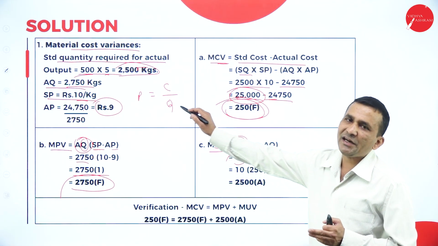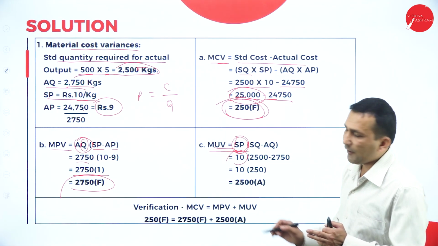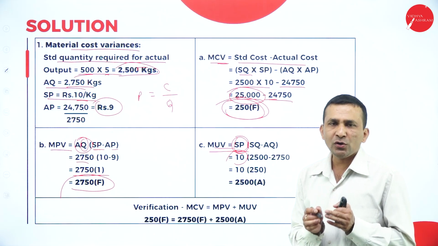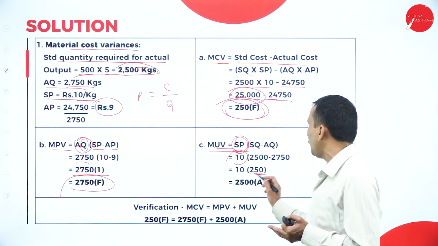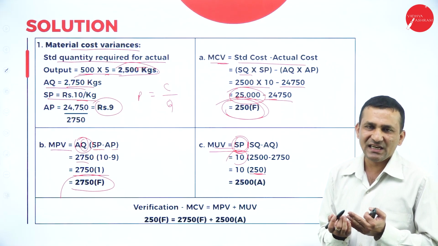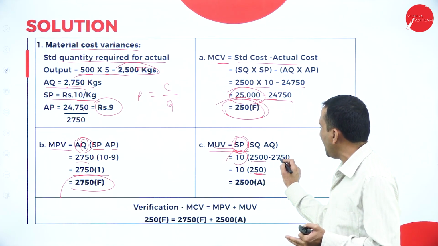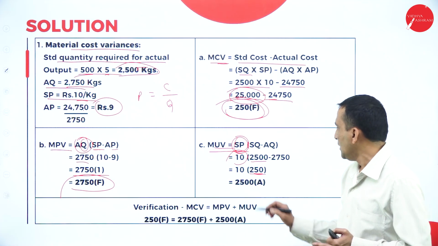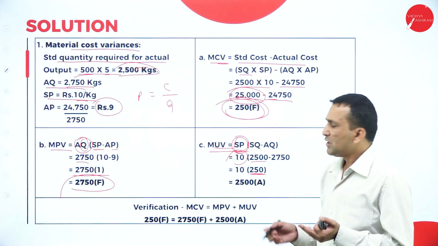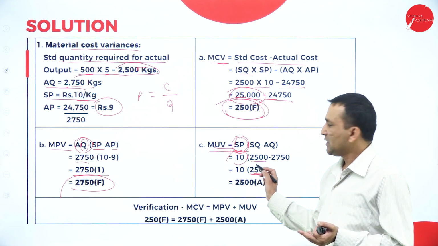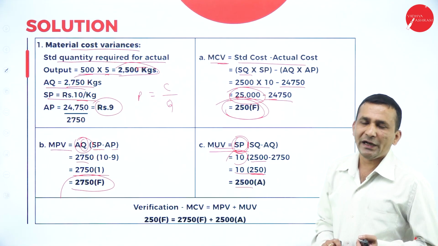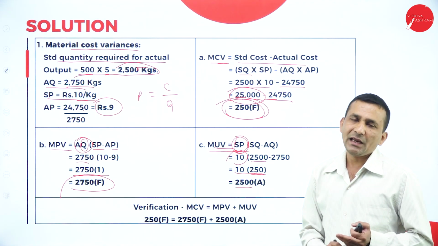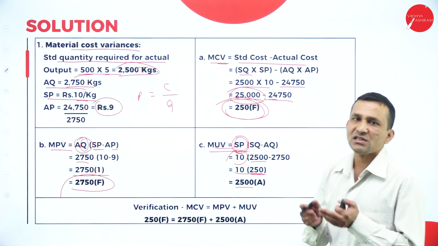Now standard quantity we calculated 2500 minus actual quantity 2750. If you subtract, the difference is 250, which is a minus sign, because 2500 minus 2750 is obviously negative. So we don't want to write the minus sign. After multiplying, whatever answer you are getting, you need to write capital letter A, which is adverse, unfavorable.